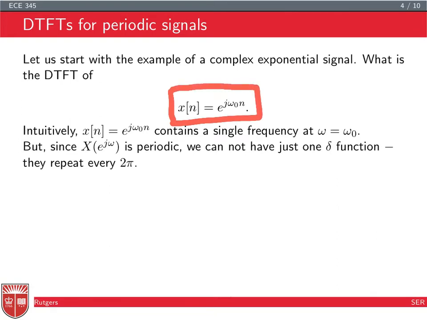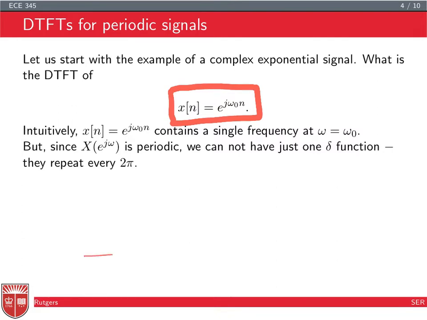So x(n) is e^{jω0 n}, and this e^{jω0 n}, at least in the continuous domain, is a periodic signal. Now, if you think of it for a second, you can see that this signal is periodic and has frequency ω0. So, in some sense, in the frequency domain, it should have a frequency at ω equal to ω0.